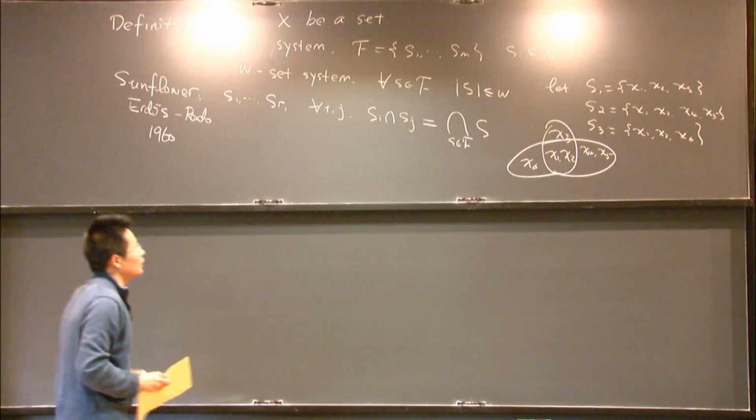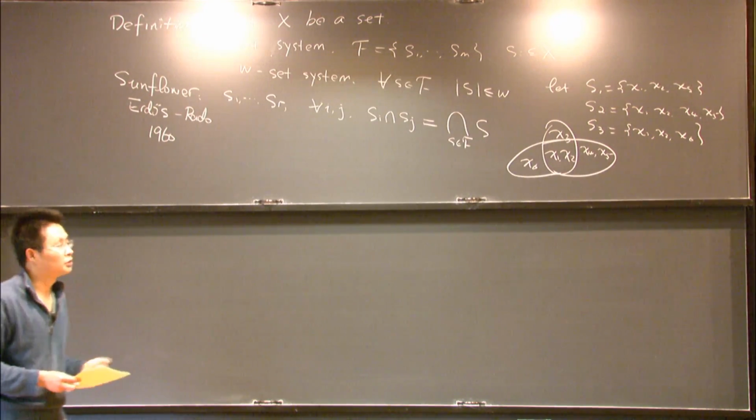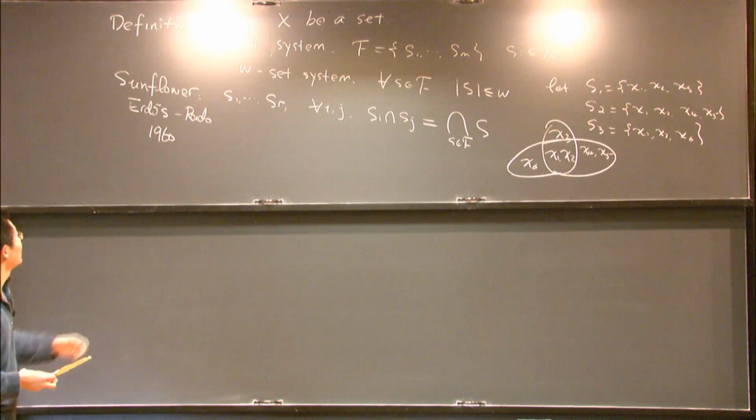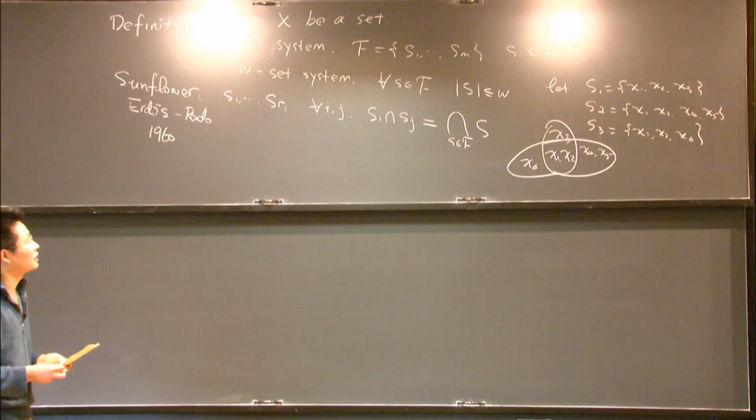This sunflower structure has a lot of applications in both extremal combinatorics and theoretical computer science. And in the same paper, Erdős and Rado proved the first sunflower lemma.